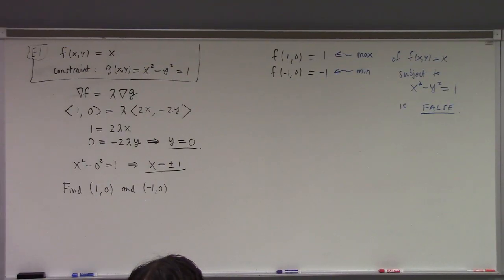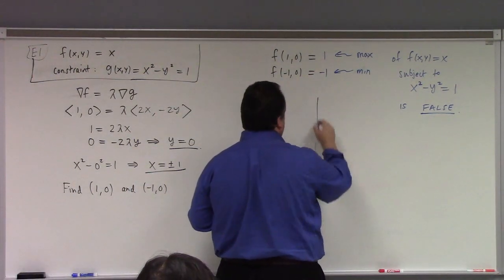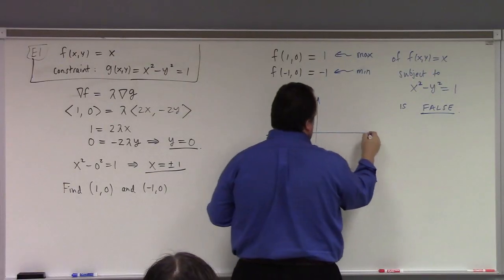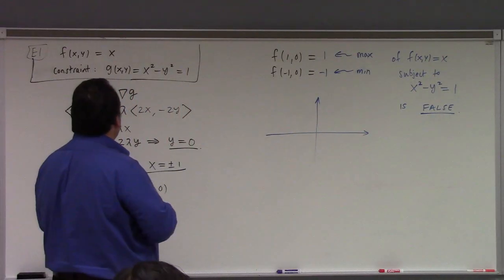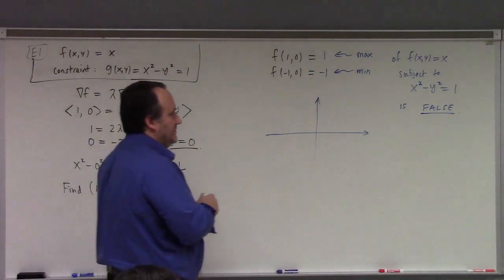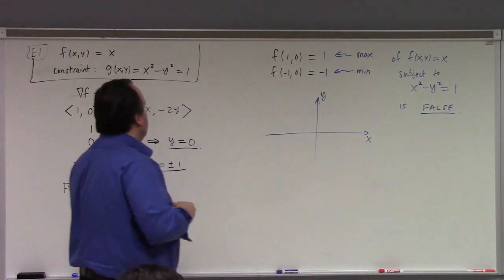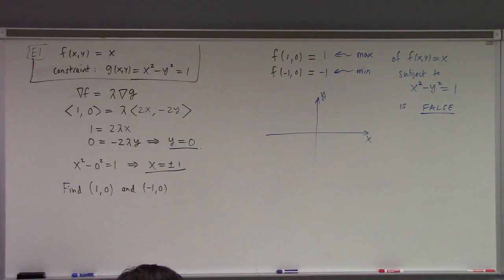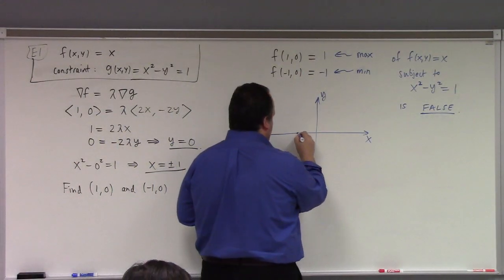What is this constraint we're looking at? Can we graph it? What is x squared minus y squared equals 1? That's a hyperbola, right? And if you put y equals 0, you get x is plus or minus 1, right?